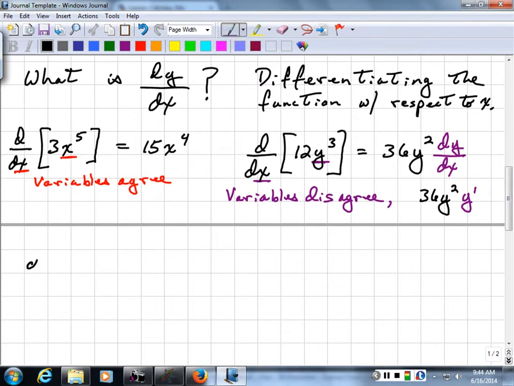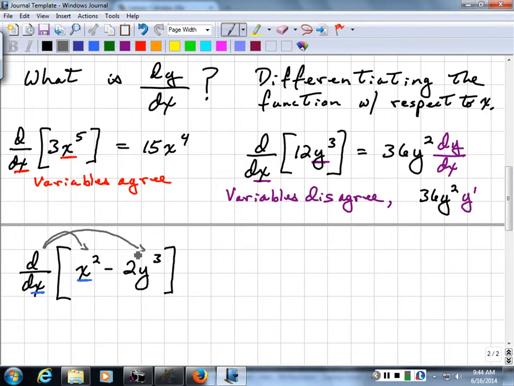Which means that if I look at taking the derivative of the following function, notice that I have two terms here, one with an x term, one with a y term. This right here matches that right there. And you have to remember that this is going to apply to both terms.